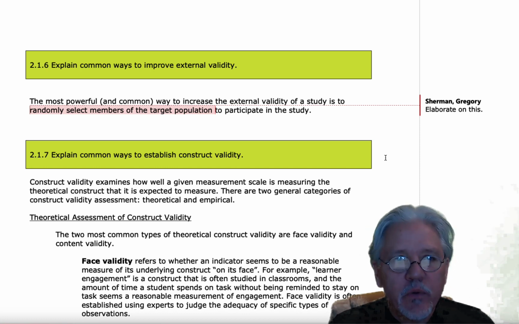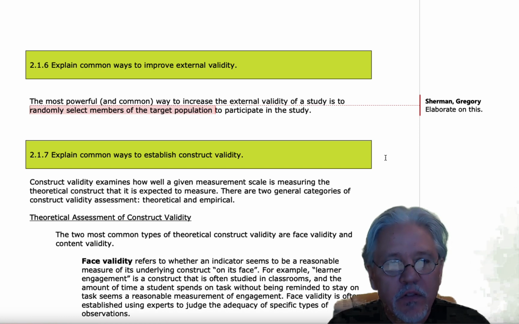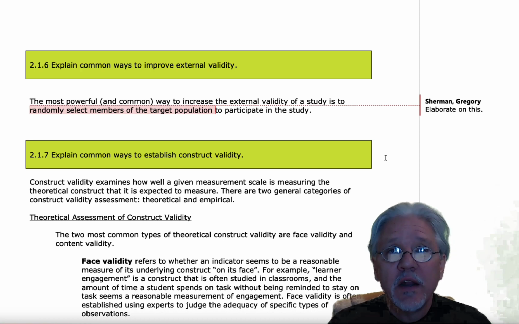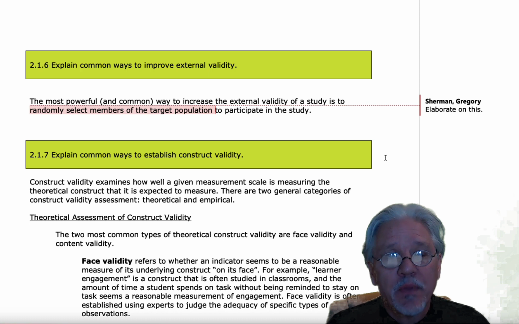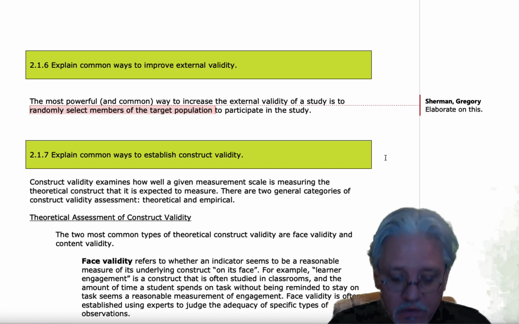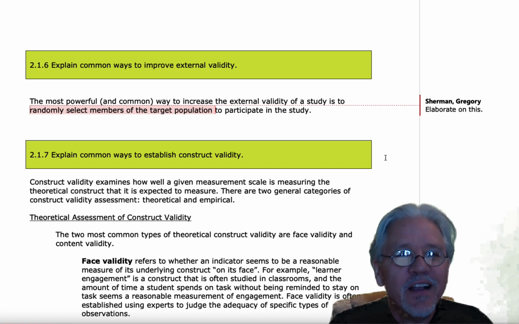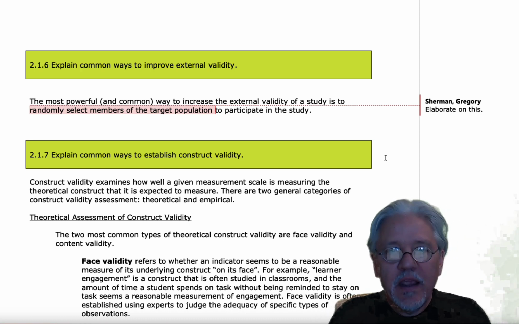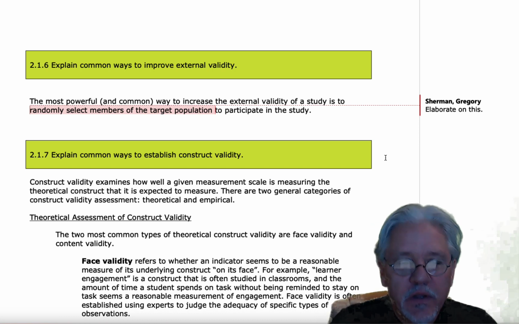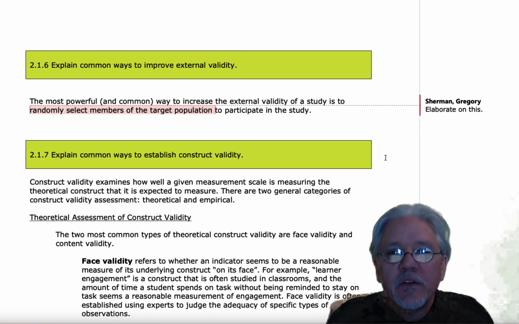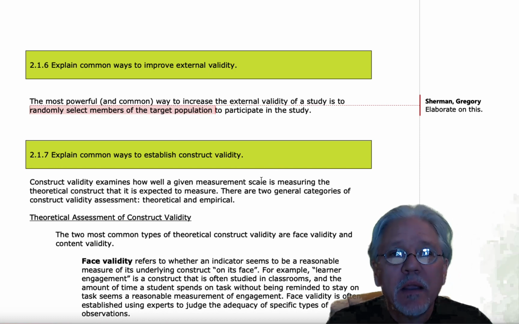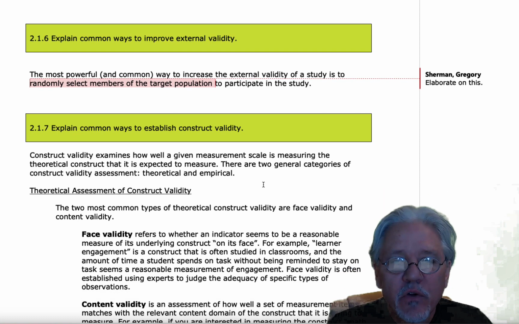So if I was doing a study to test the effectiveness of classroom management strategies for middle school students, and my interest was to create a universal model applicable to any classroom in English-speaking countries, then I would need to randomly select subjects for my study from that large population, and not just the people who feed into my school. That's the best way to improve the external validity of a study.